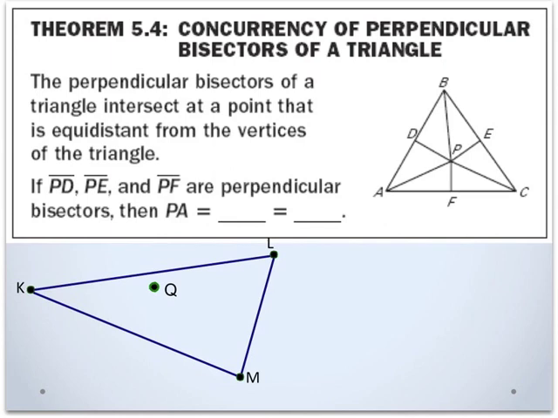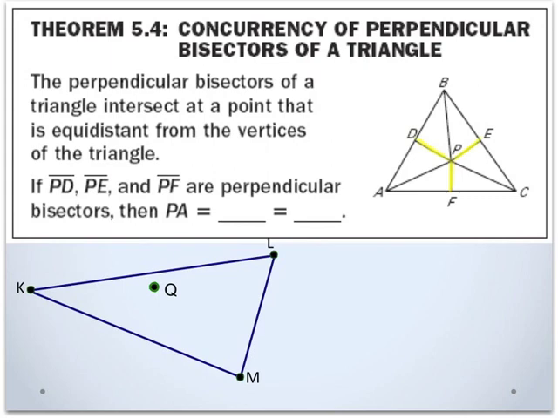The final theorem in this lesson is the concurrency of perpendicular bisectors of a triangle. And it sounds like a mouthful, but really all this means is when you take perpendicular bisectors of the triangle, so for example we have this perpendicular bisector, and this last one here, and you have that point of concurrency in the center.